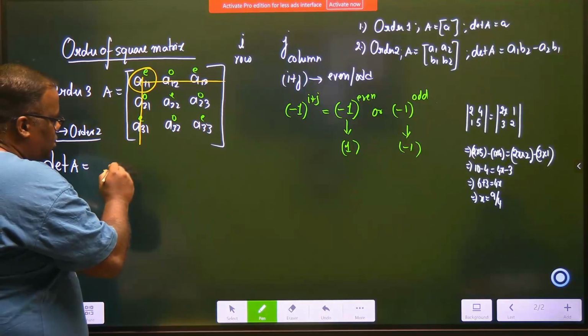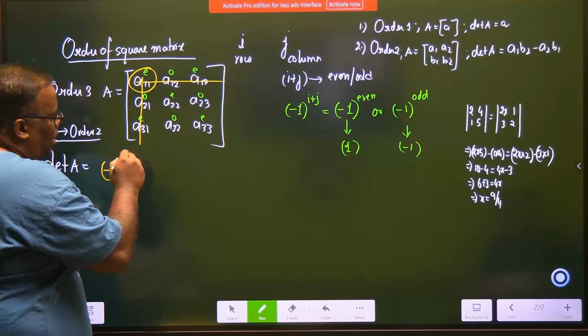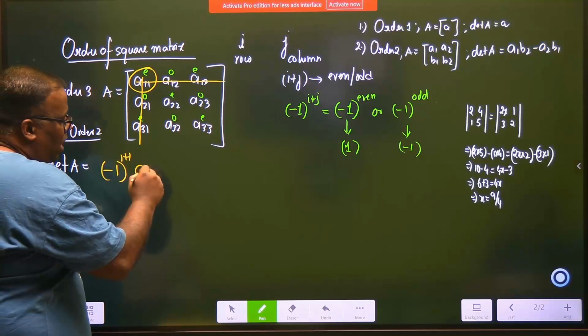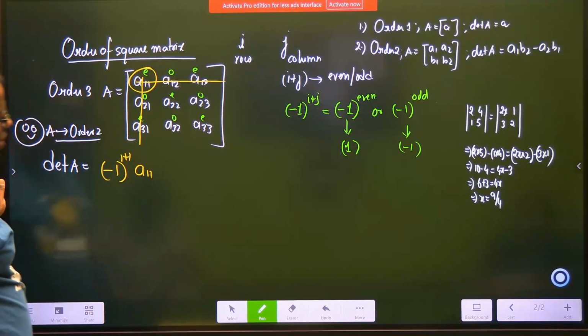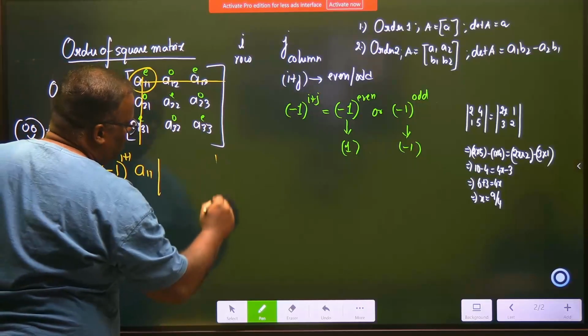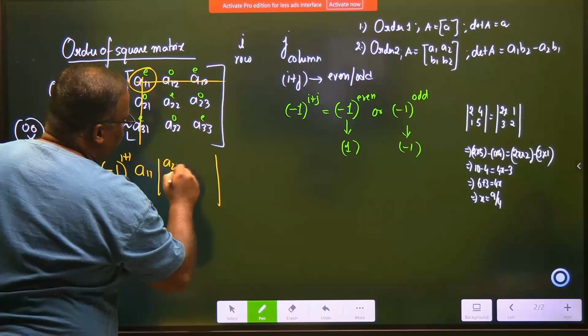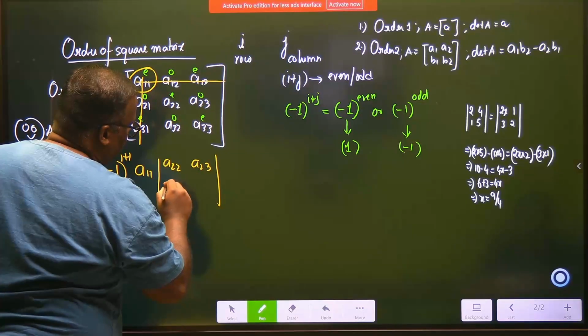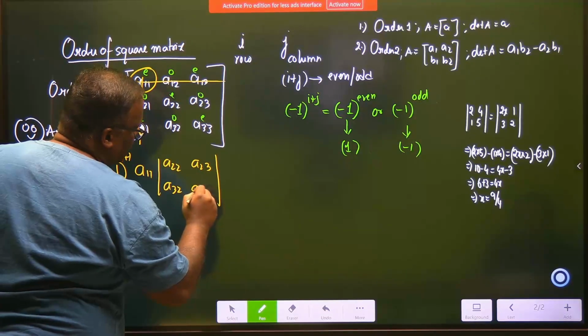But the idea is to write it like this: -1 to the power 1 plus 1, A11, and form the determinant A22, A23, A32, A33.